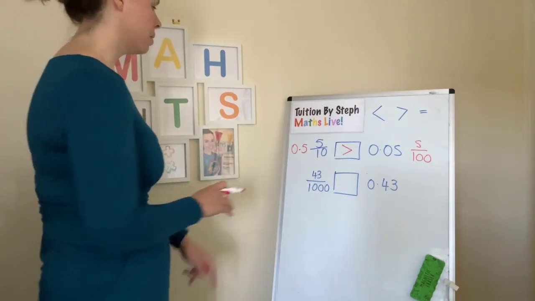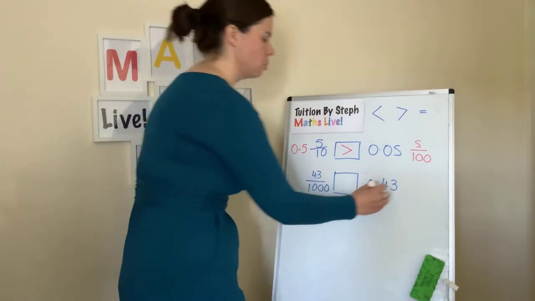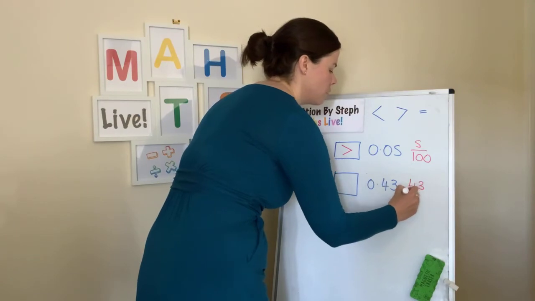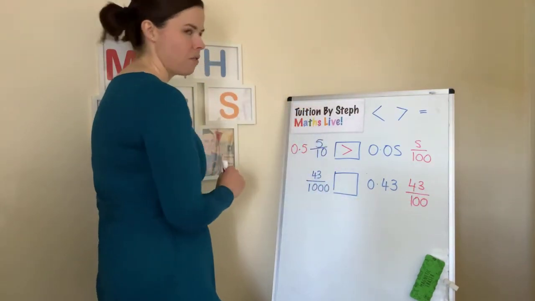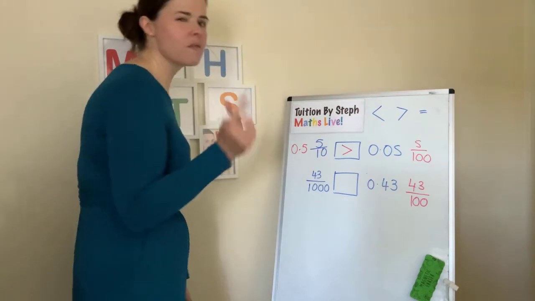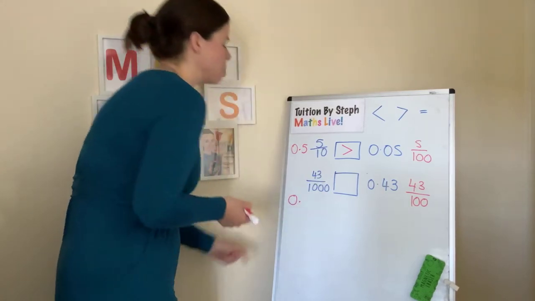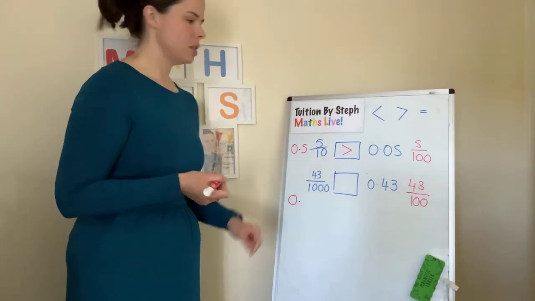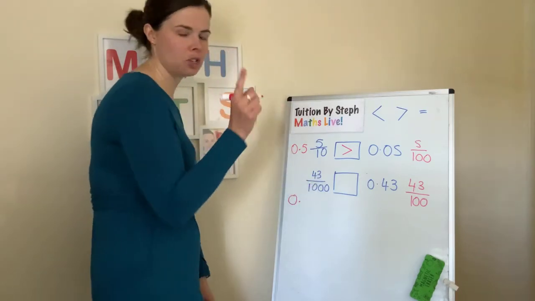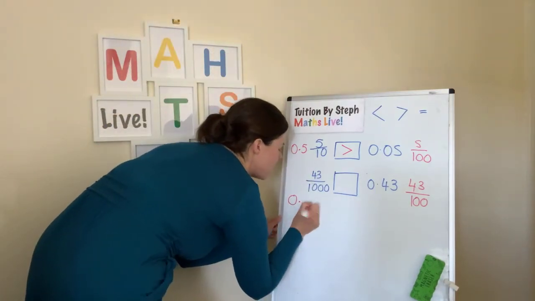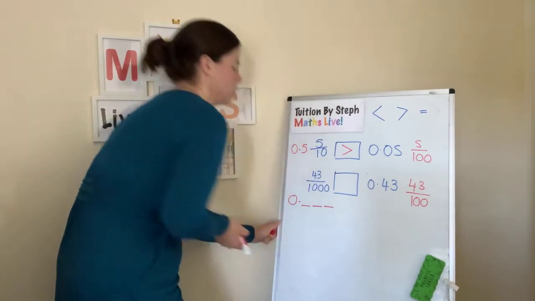For the next one, got 43/1000 and 0.43. Now 0.43 is 43/100. 43/1000, right, this is a tricky one. We haven't really done over 1,000 very much. So if you've got a number that's over 1,000, remember when I said however many digits at the bottom is how many should be on the top. Now we've got our tenths, our hundredths, and our thousandths.